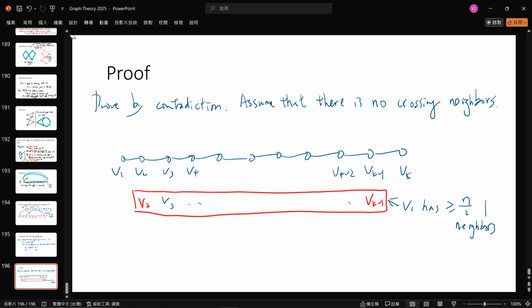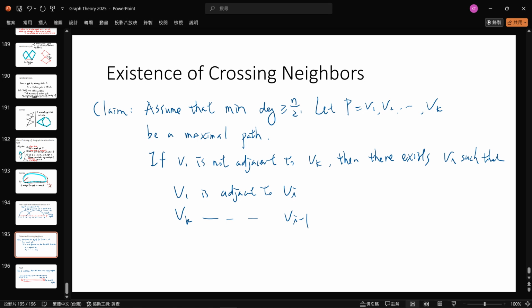Let's do this step by step. Let's first consider this set. And there should be no minus 1. So why is this correct? Why are the neighbors in this set, and why not at Vk? Maybe a neighbor is at Vk.